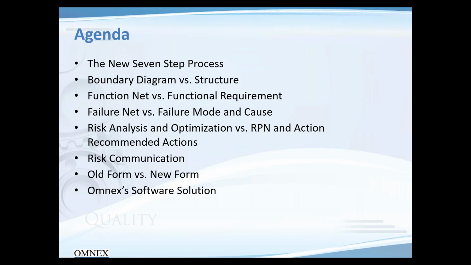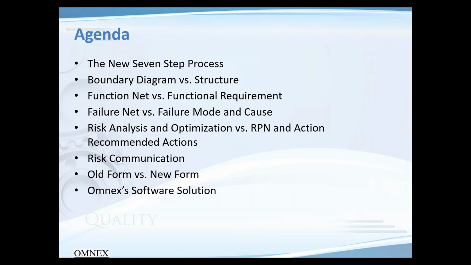So one thing that we're going to be reviewing is the 7-step process that's in the handbook. In a DFMEA, so far we've been doing boundary diagrams. There are structure diagrams that are talked about in the handbook, and we'll look at that.